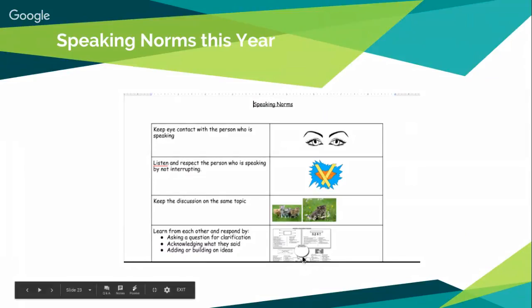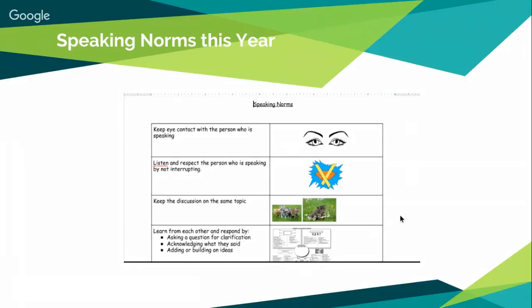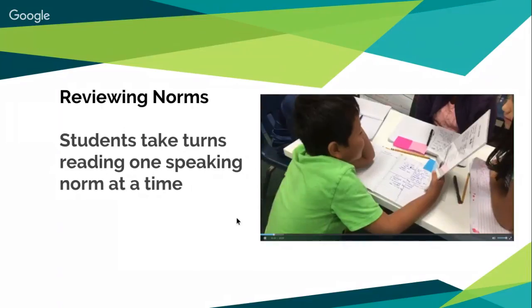And if you see right here, I added the chart from Jeff Zwiers' book about the different sentence frames. But it is important to remember to read the norms before they start a speaking task or a speaking activity.